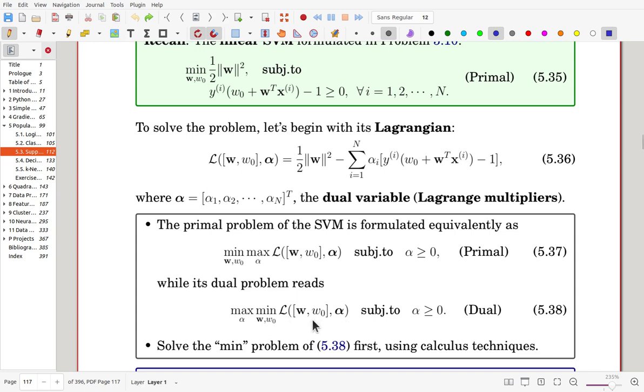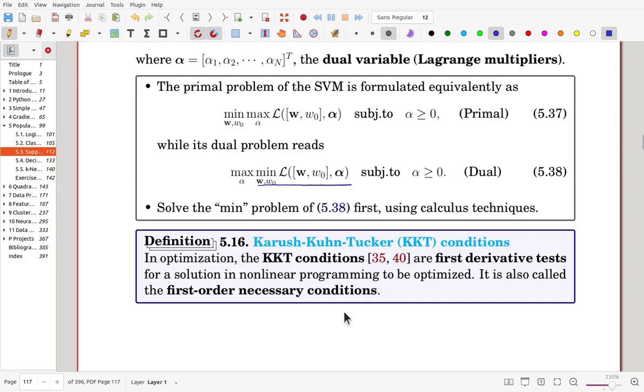That is the dual problem. Now we first try to minimize that portion by using calculus techniques. Differentiate it and equate to 0, then we can get some necessary conditions. Those conditions are called KKT conditions, also called first order necessary conditions.